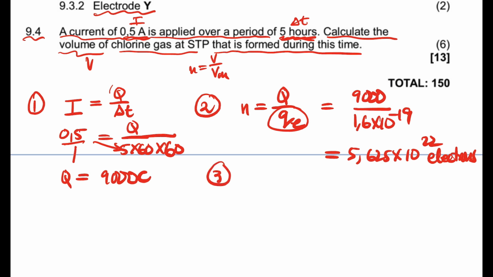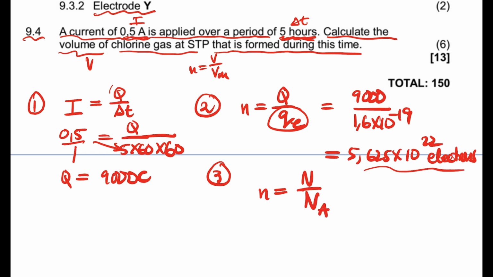And then step number 3, we're going to convert the electrons into mole electrons. What are we going to do when we do that? We use Avogadro's formula, n = N over NA.